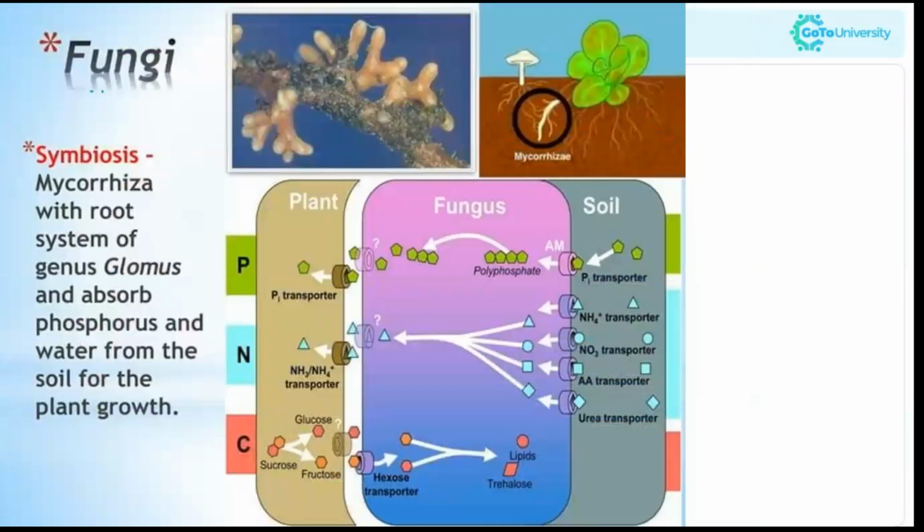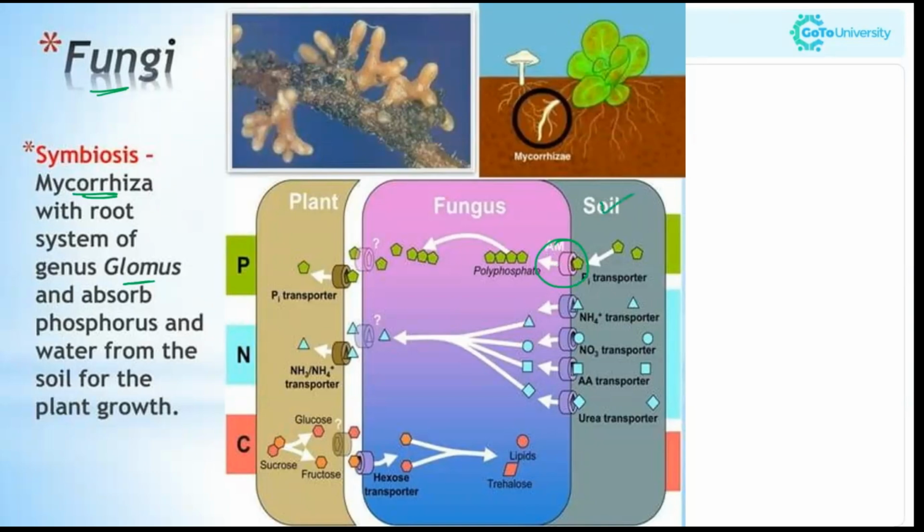Now, moving to fungi. Fungi are also known for their symbiotic association with plants, for example, mycorrhiza. Many members of the genus Glomus form mycorrhiza. The fungal symbiont in this association absorbs phosphorus, like phosphate, from the soil and passes it to the plant.